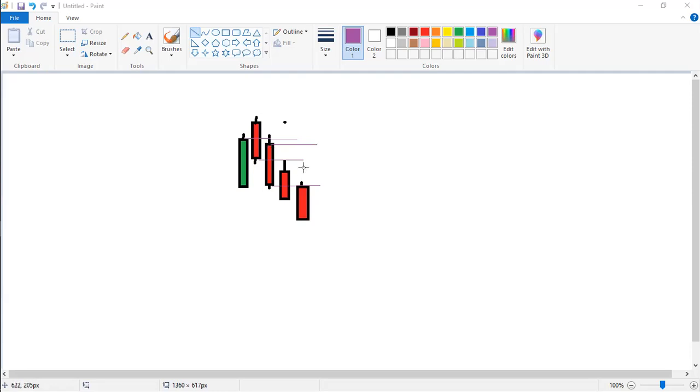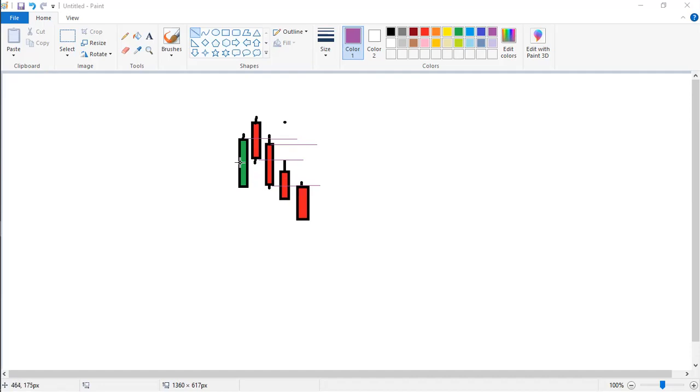Now, when you have this clear swing pattern, a clear swing pattern and key level that you can use to do a swing trade, you are going to be selling on the fourth or fifth day. On which key levels? On these key levels.